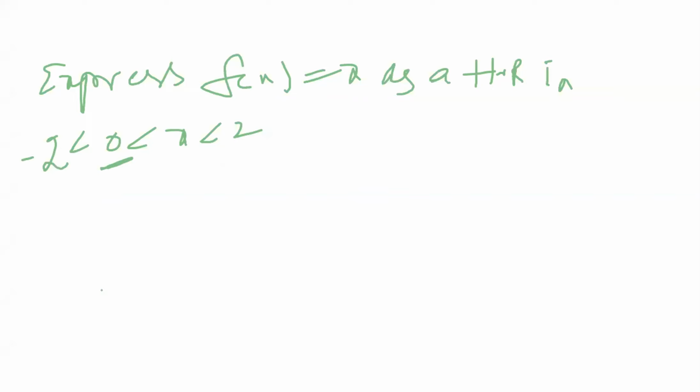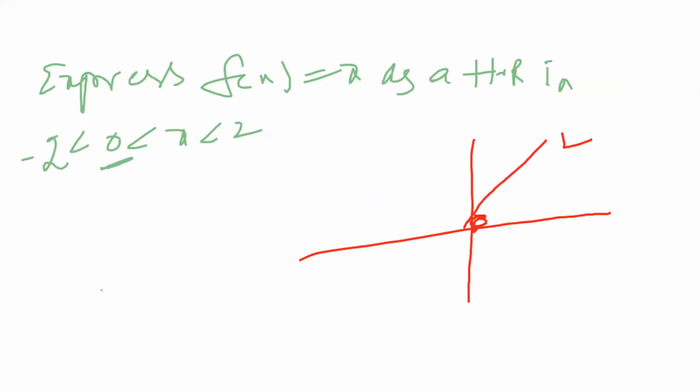So diagrammatically, from the diagram, this is 2, this value is origin, taking here a value, this point is L. In the sine function, it is reflecting through the origin.